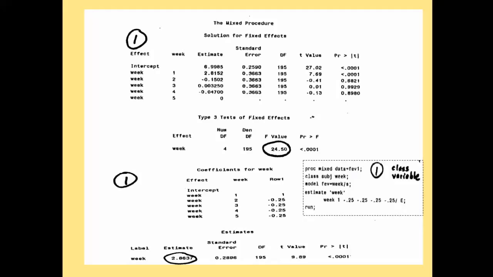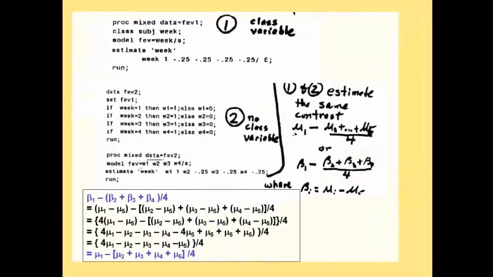Okay? And you automatically get that from this code, because you have week in there as a class statement, and you put week in there as the variable that you're putting in the model, and you're getting that automatically without having to worry about writing a contrast statement. You don't have to write a contrast statement.